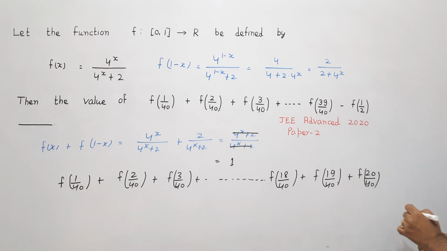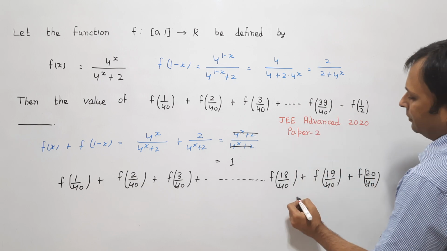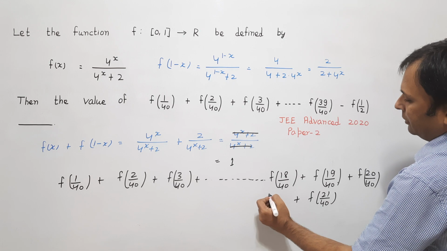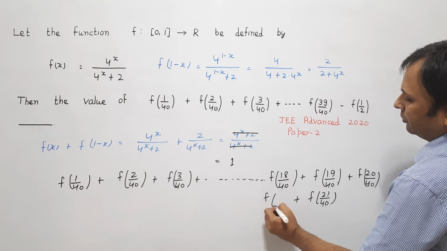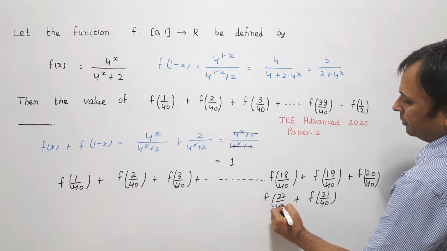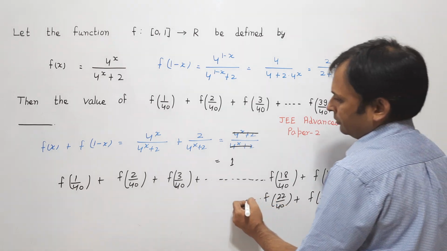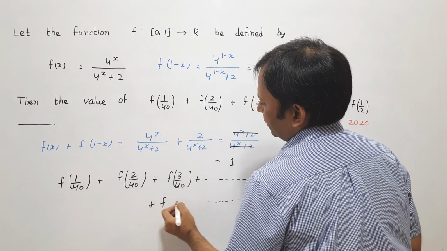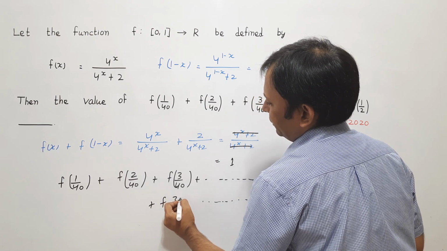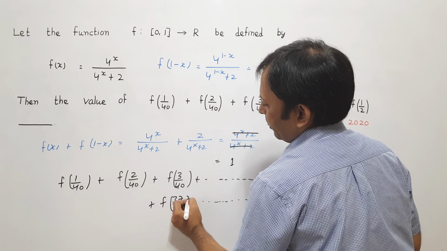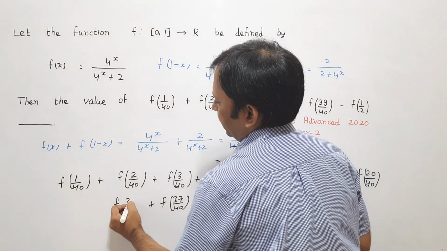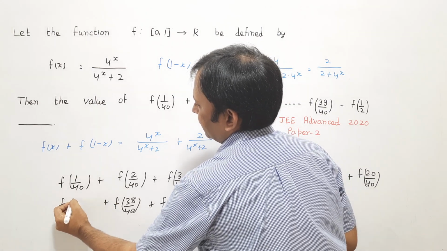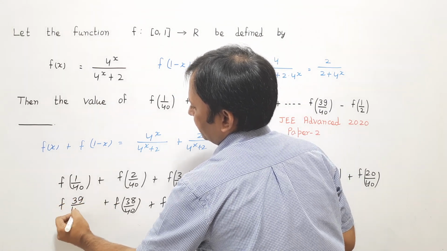After that we get f of 21 by 40, which I am writing over here, f of 21 by 40, then f of 22 by 40. This goes on like f of 37 by 40, f of 38 by 40, and f of 39 by 40.